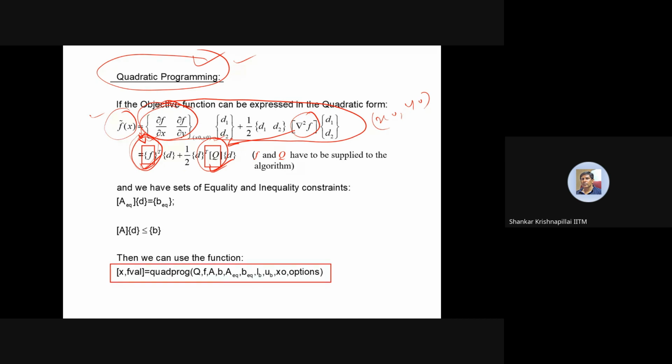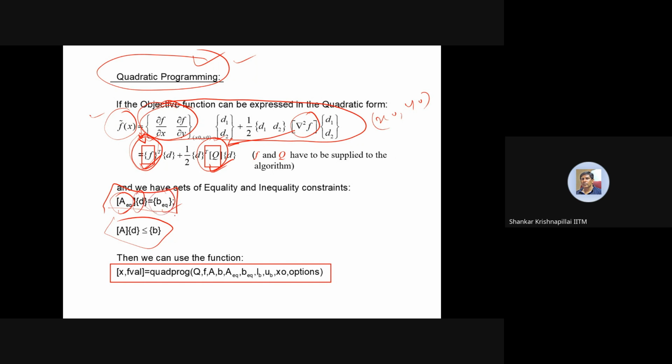Okay, and also you need to specify a set of equality and inequality constraints. That is, linearized equality and inequality constraints must be given in this form. Okay, so A equality is the left hand side of the equality constraint matrix, and B equality is the right hand side.